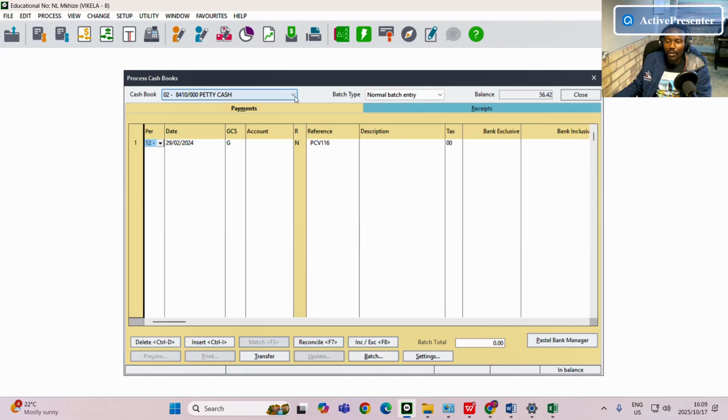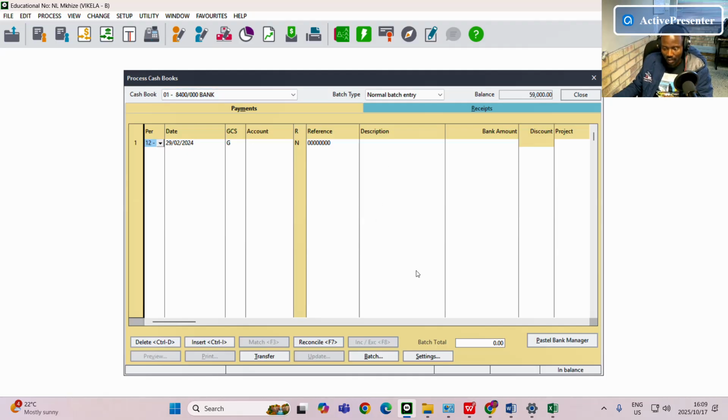You need to make sure you choose bank, the first cash book. It could be maybe the second, but it has to be bank, because with CPJ and CRJ, the money comes out of the bank, then comes into the bank if it's a CRJ. So you need to make sure it's cash book one, which is bank.